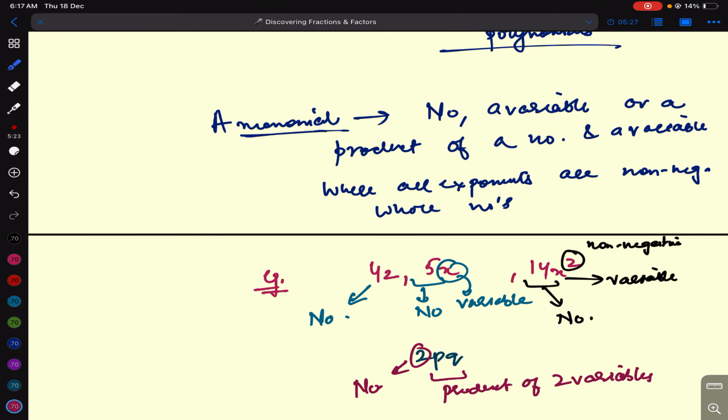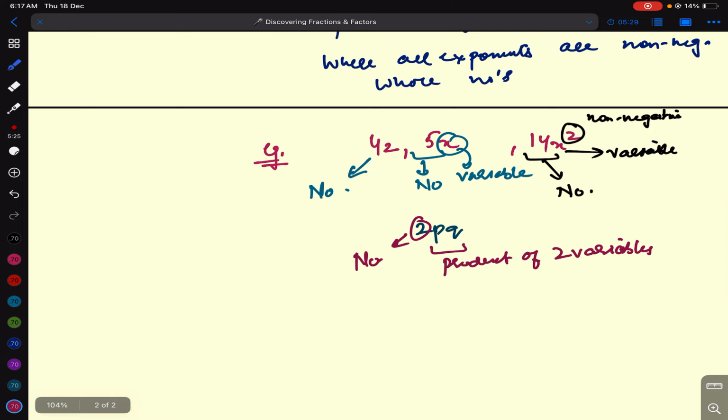Clear? Now I'm going to give you examples which are not monomials. For example, let's say 4 plus y. Here we have a number and a variable, right?